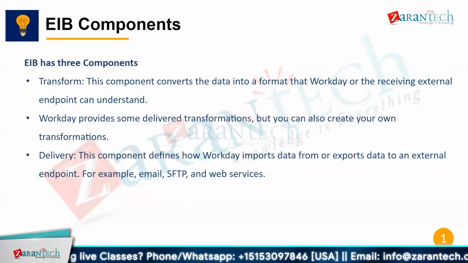Now, Workday provides some delivered transformations within the platform, but you can also create your own transformations if need be. And what are transformations? Anytime you export the data out of Workday, it will be in Workday XML format.